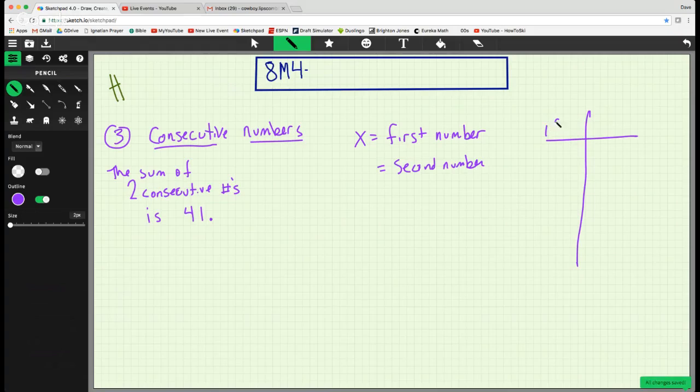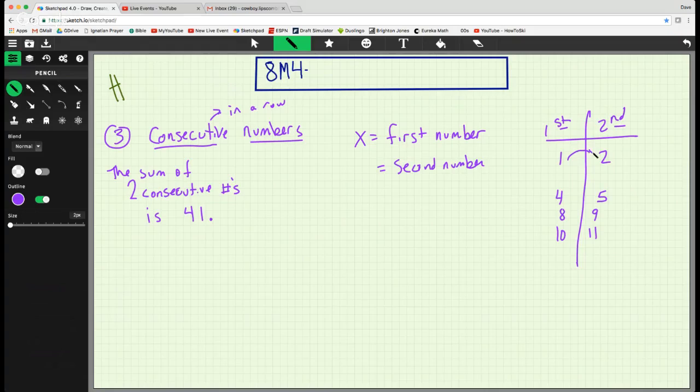The first number is 1, the second number is 2, because these are consecutive numbers. Consecutive numbers means in a row, 1 to 2. If I give you 4, the next consecutive number is 5. The next one would be 10, 11. If I gave you the number 8, you would say 9. So these are all consecutive numbers.